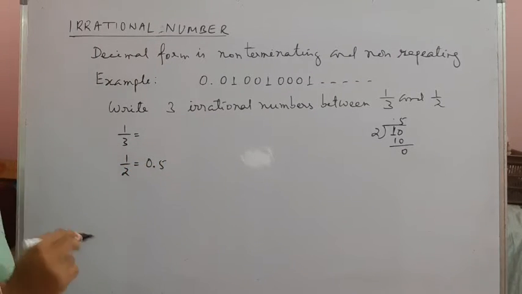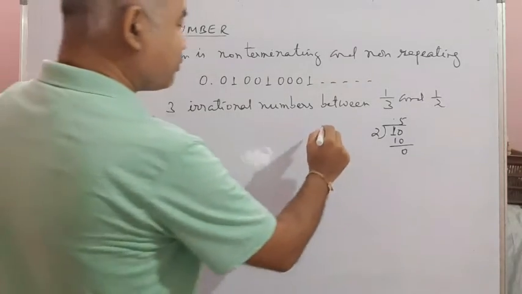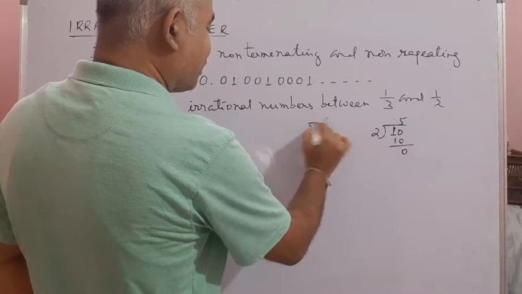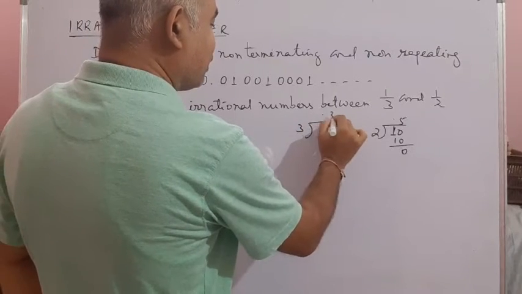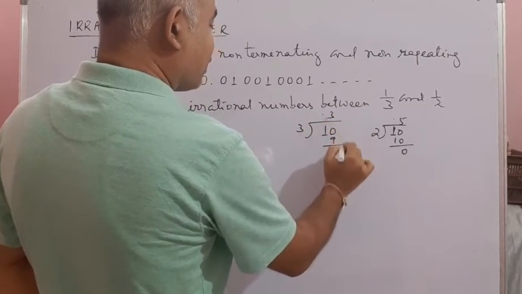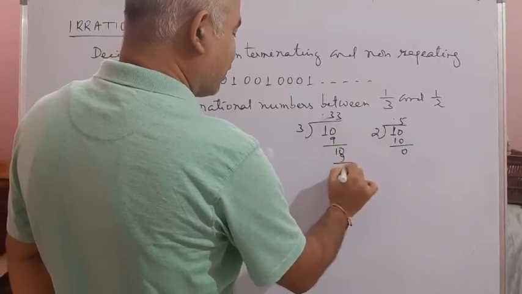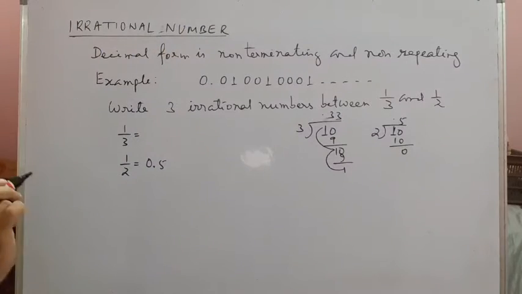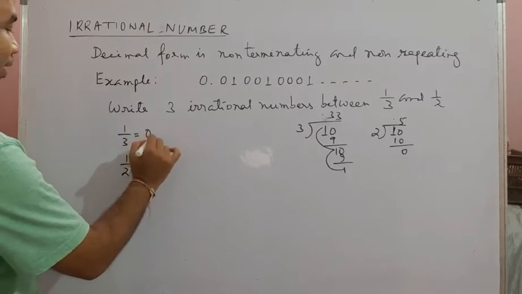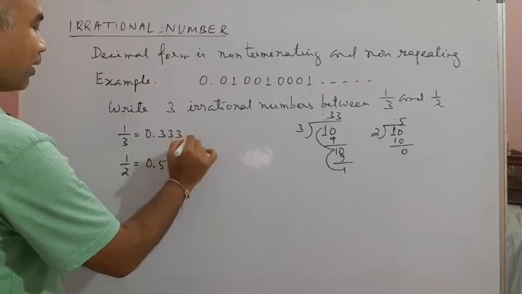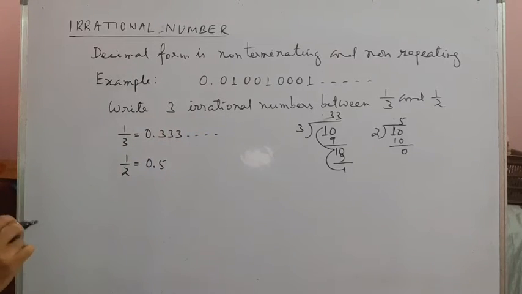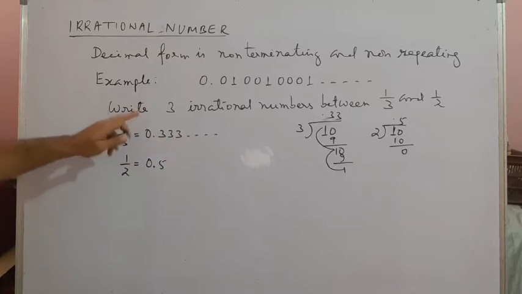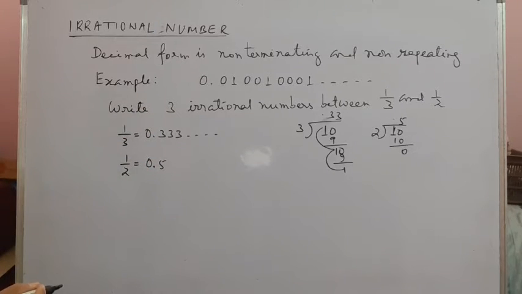But when I write 1 by 3 in decimal form, I have to divide 1 by 3. 3 3s are 9, 1, again 0 will come, 3 3s are 9, like that. The same remainder is repeating, so it will be a repeating but non-terminating decimal, 0.33 in this way. Clear? Now between 0.33 and 0.5, you have to write 3 irrational numbers.